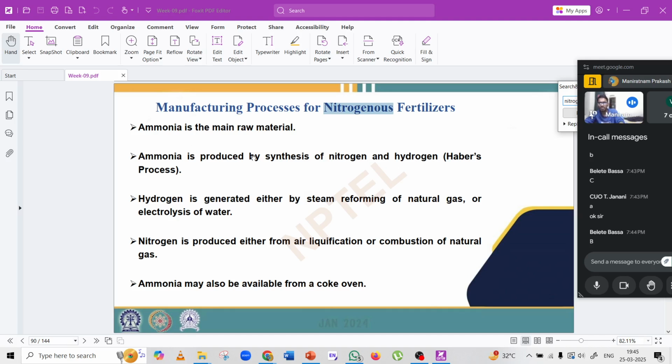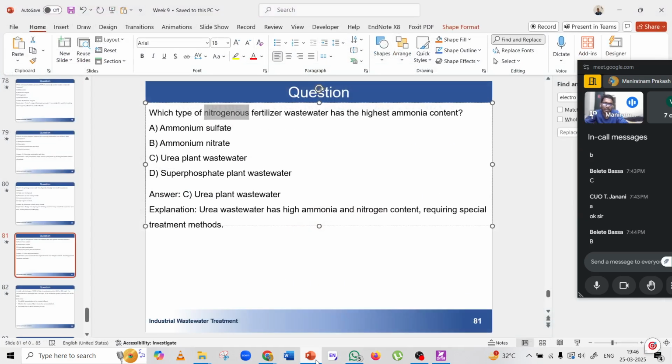See, ammonia is the raw material. Okay, na. So ammonia is a raw material. Ammonia comes in the form of these kinds of salts. Now these are getting converted into ammonium, like ammonium nitrate, ammonium sulfate. These are some of the raw materials.